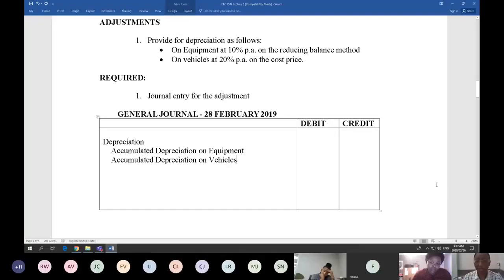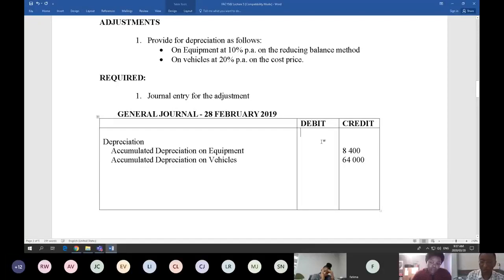My accumulated depreciation on equipment is going to increase with my expense, and my expense for equipment is 8,400 Rand as we calculated earlier. The accumulated depreciation on vehicles will increase by 64,000 Rand because we calculated 64,000 Rand as our accumulated depreciation on vehicles.